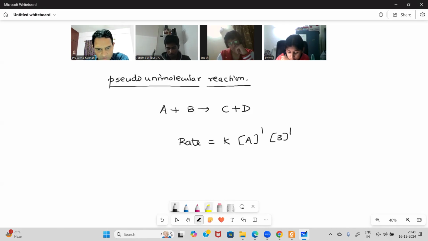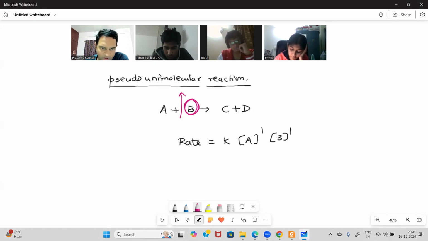However, if I take one of the quantities in large excess, then the change in concentration of that reactant is going to be very, very small, isn't it?